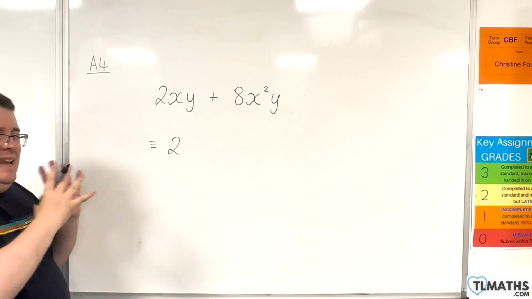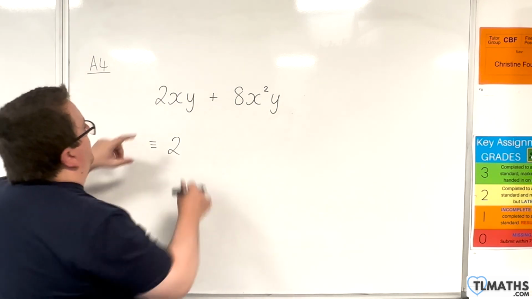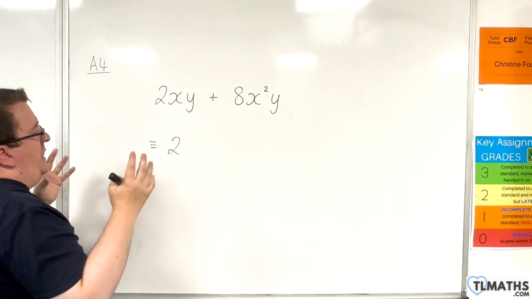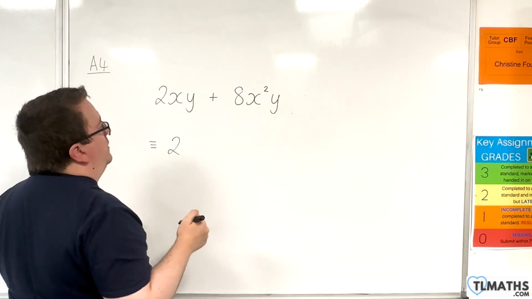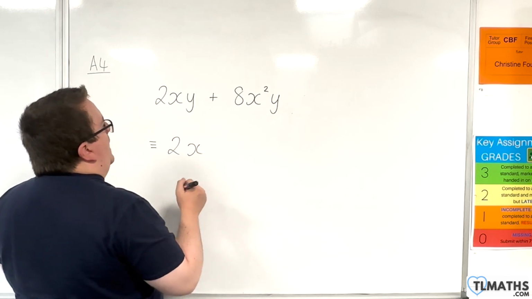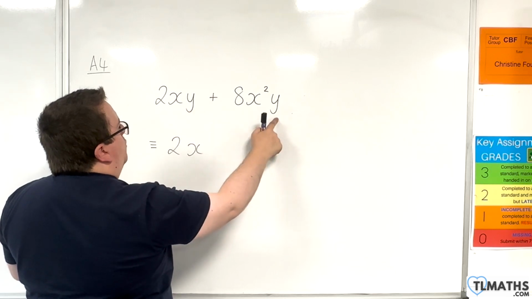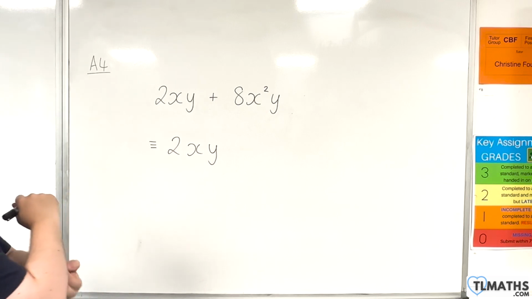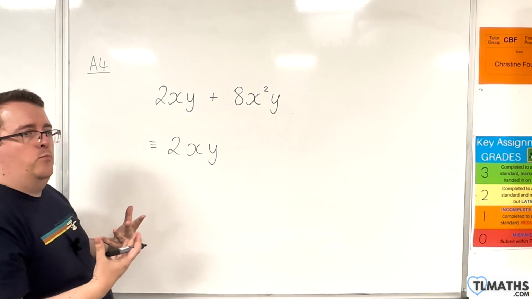Now, do they have any other common factors? Well, both of them have an x involved. So the highest common factor of x and x squared is x. And then they've both got a y involved as well. So the highest common factor of the y and a y is y. So essentially you're looking for the highest common factor of both terms, and that's what comes out of the bracket first.